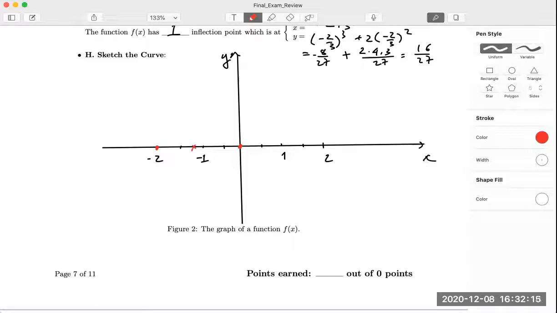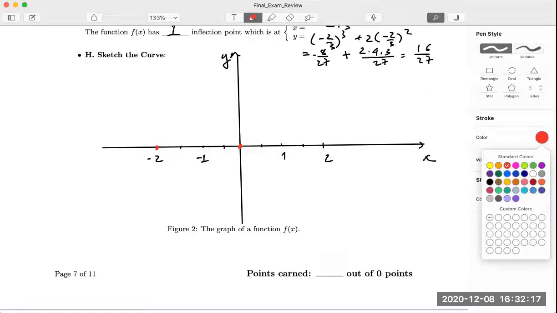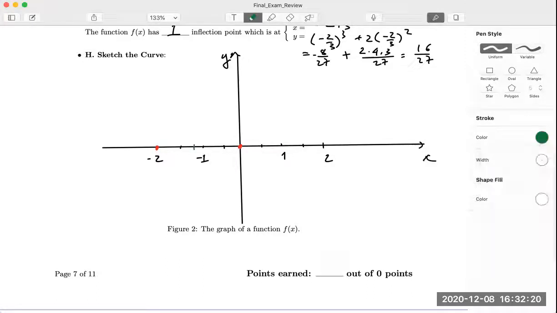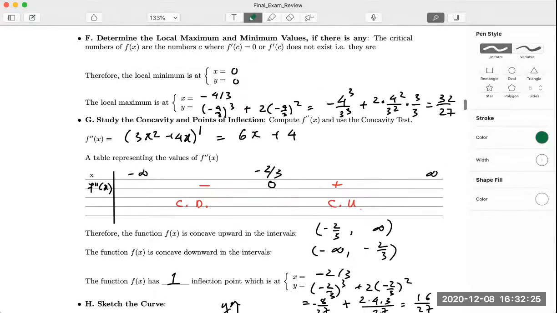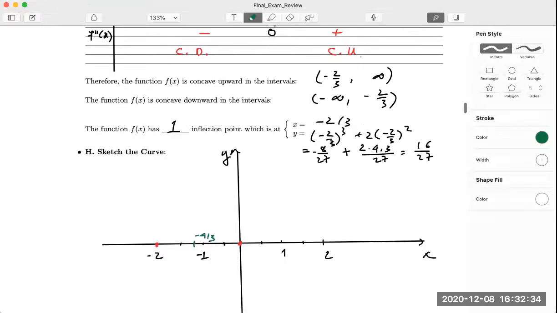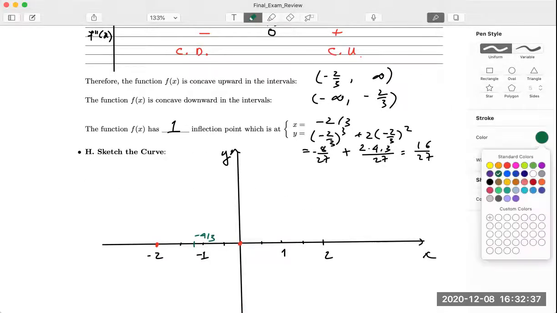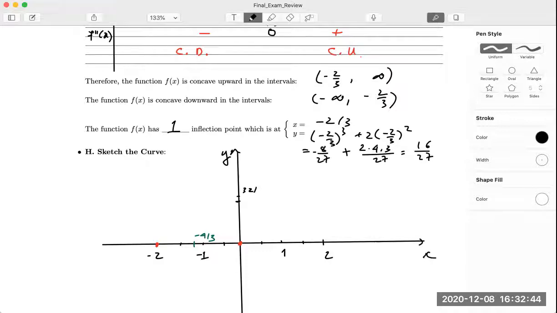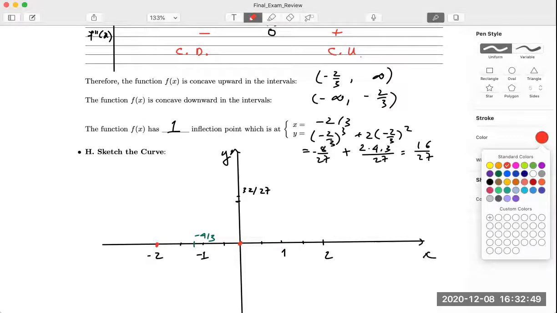Oh, let me use a different color. When x is negative 4/3, y will be 32/27. Right, it is 1 point something, a little larger than 1. Okay, suppose 1 is somewhere around here, and this would be 32/27. So the graph goes through the point here.